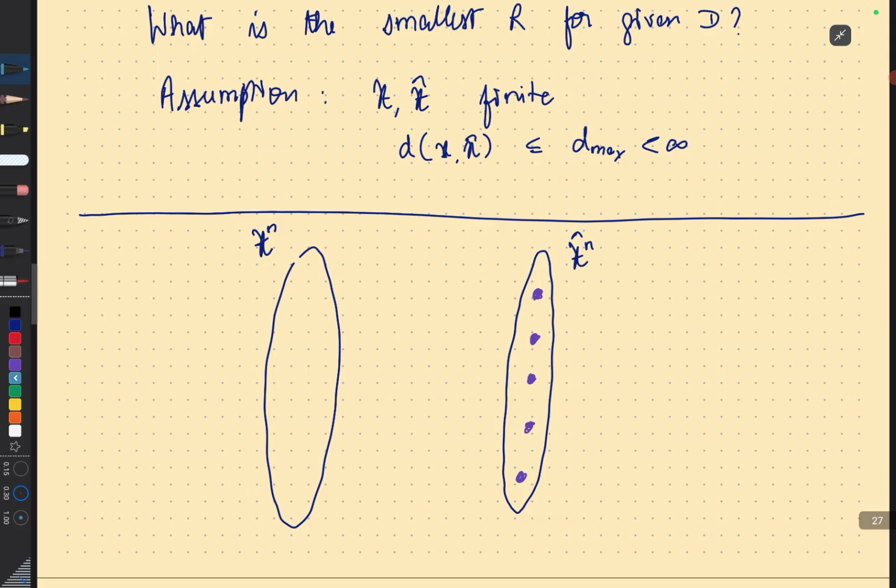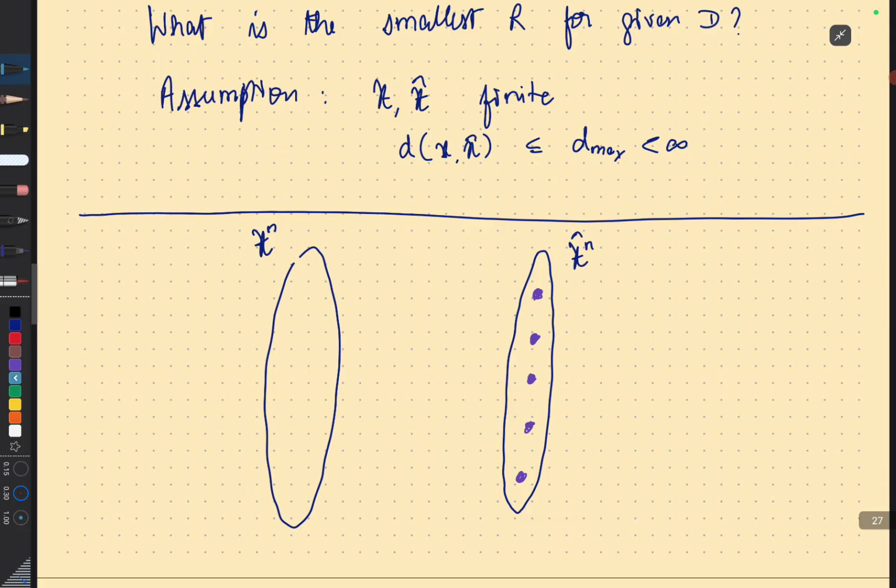It's kind of logical, because if you are not doing that, then you would incur a higher distortion. So if you fix a particular set of reconstruction sequences, then the most logical thing to do would be to map each sequence x^n to the closest point in X^n hat.